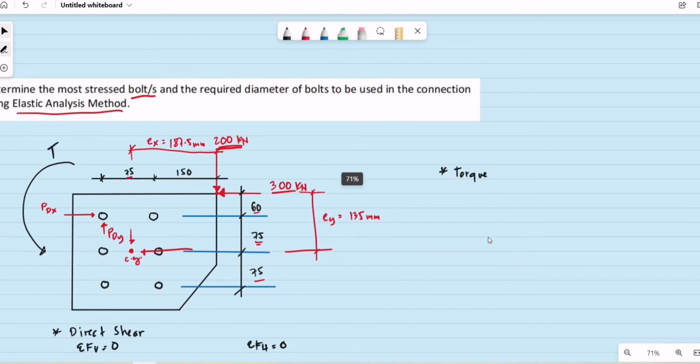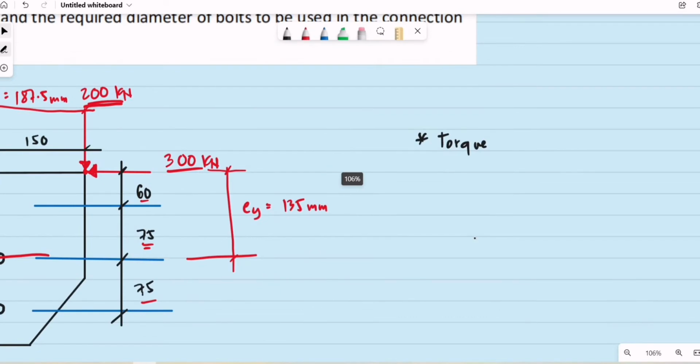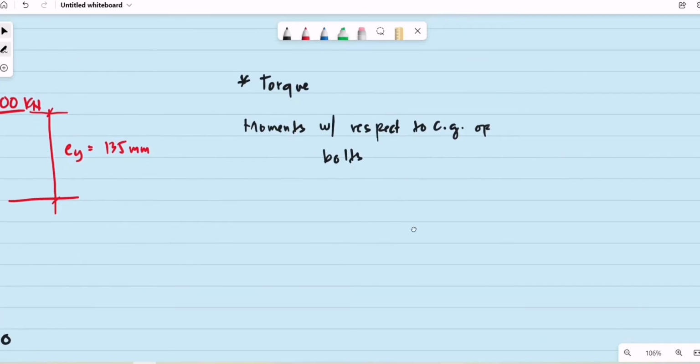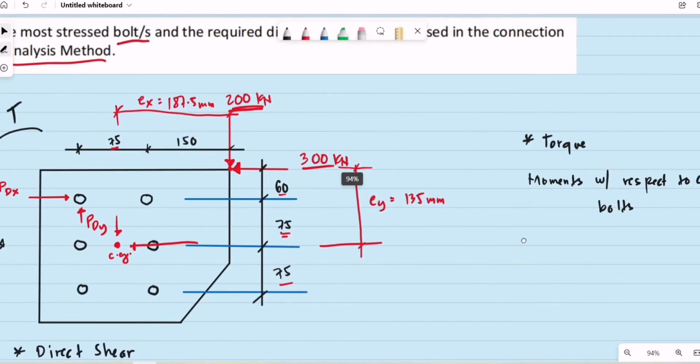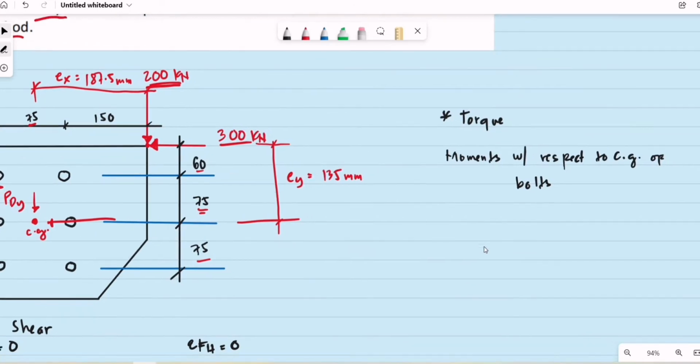So let us compute for the moments with respect to the center of gravity. What are the moments with respect to the center of gravity of all bolts? First we have the 200 kilonewtons. Let's say that will be our moment number 1.